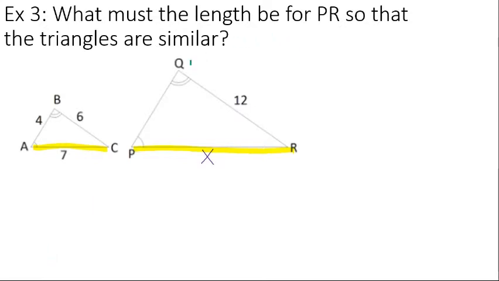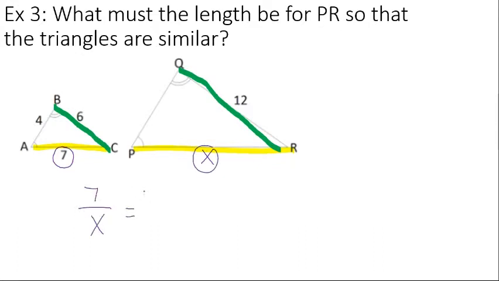So we know that QR goes with 6. So there we set this up. We set a proportion. So we're going to say 7 over X equals 6 over 12.